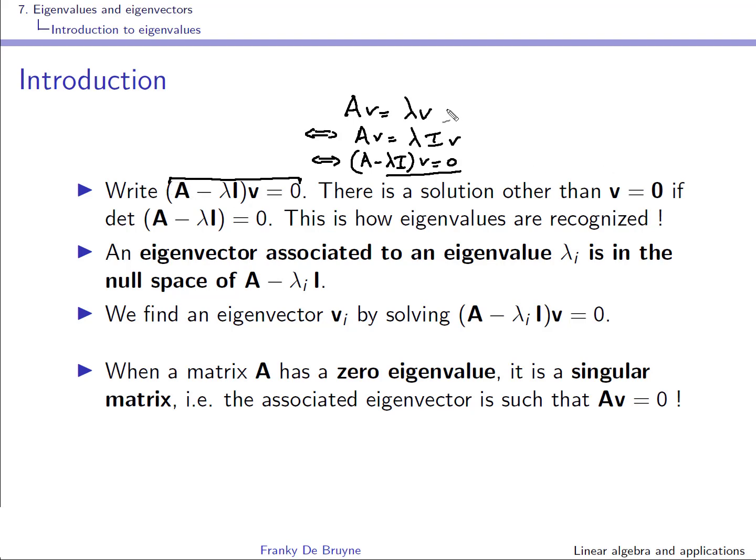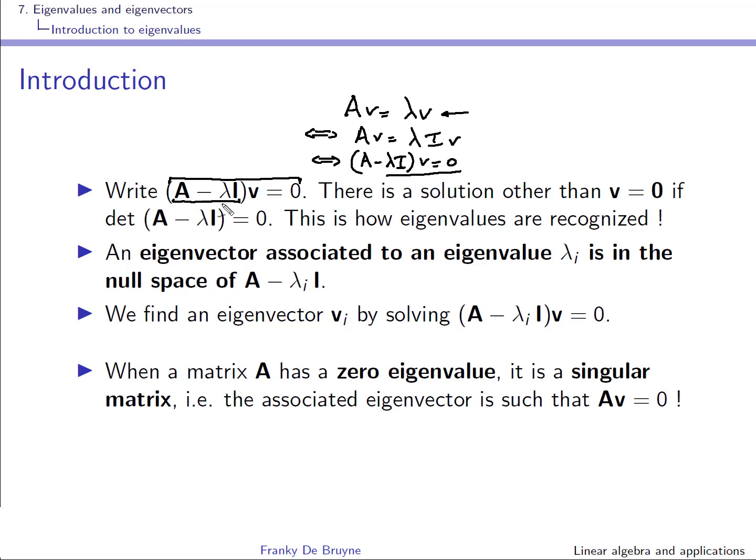Obviously when you look at this equation here, there's a trivial solution, v equal to 0, but we are looking for non-trivial solutions. So there will be non-trivial solutions for this equation if this matrix here has dependent columns.